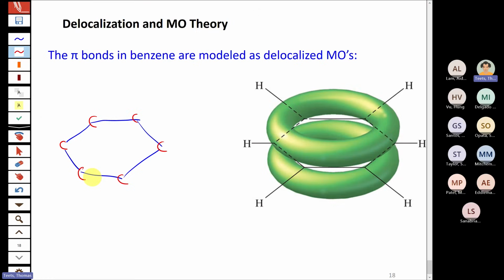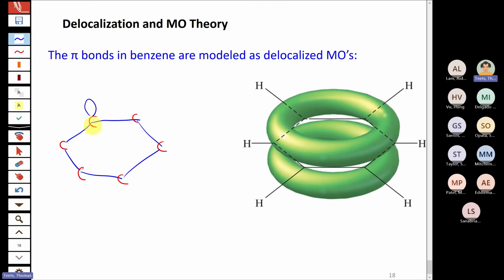Now, we just talked about how each of those carbon atoms is sp2 hybridized and is going to use its sp2 orbitals to make all the sigma bonds that are there. But if an atom is sp2 hybridized, remember that it also has 1 unhybridized p orbital. So each of these carbon atoms, in addition to the 3 sp2 hybrid orbitals, is going to have 1 unhybridized p orbital. It's going to be perpendicular to those sp2 orbitals.